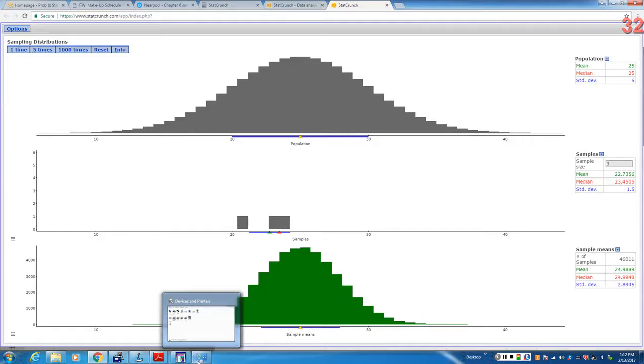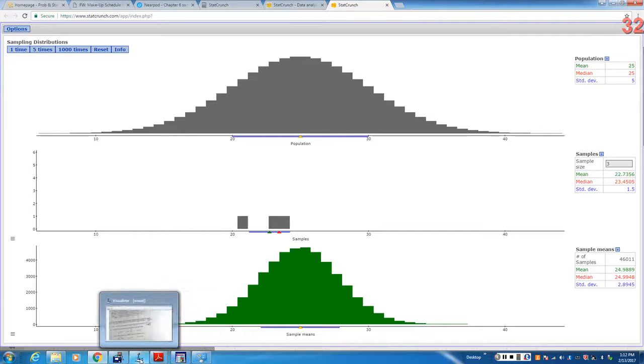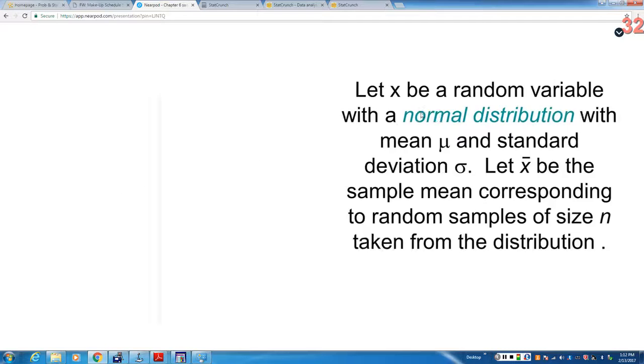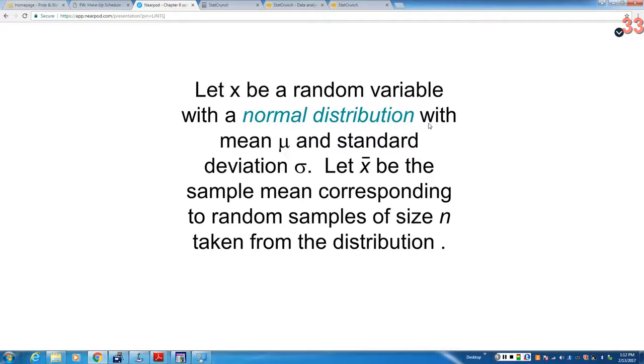And if you look at your Nearpod, I'm going to go to Nearpod here. And you look at this right here, that's what that theorem is talking about. Let x be a random variable with normal distribution with a mean of mu and a standard deviation of sigma. Let x bar be the sample mean corresponding to a random sample of size n taken from the distribution.